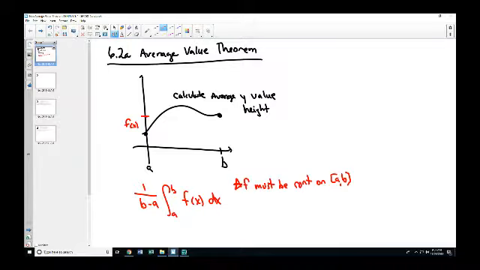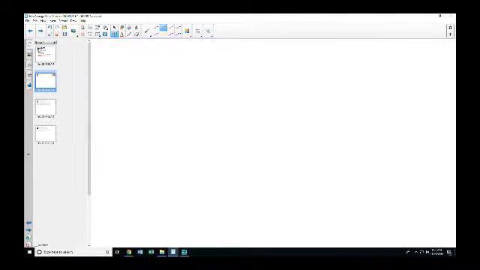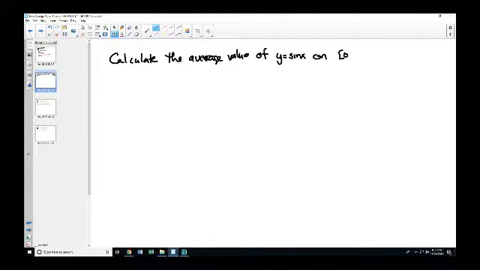So let's do a straight up math problem. Jump right into a trig function. Average value of sine x from 0 to pi.